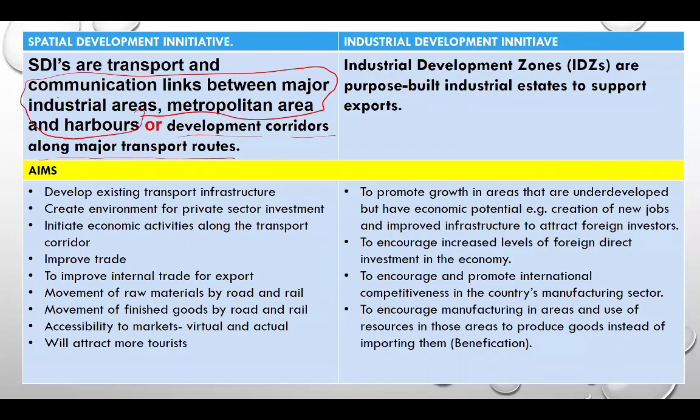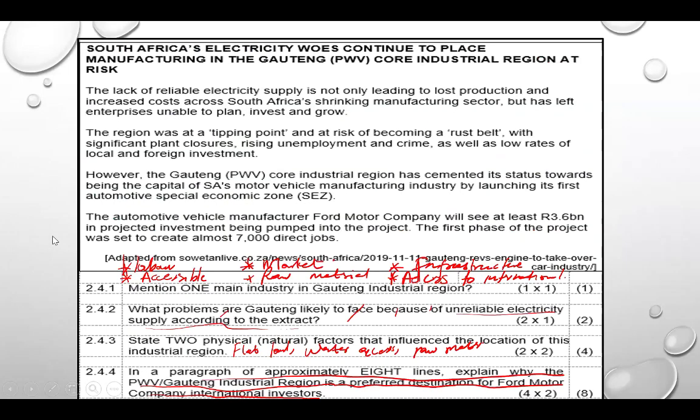It is linking industrial regions or industrial areas and metropolitans. And now, what are the aims of these SDIs? To develop existing transport infrastructure, to create an environment for private sector investment, to initiate economic activities along the transport corridor, and to improve international trade for export. There are many aims that you can learn or give.